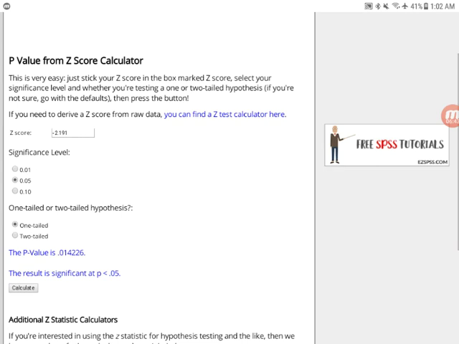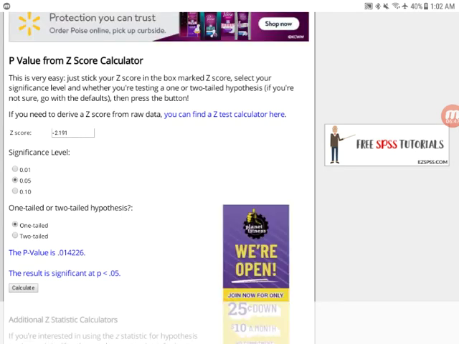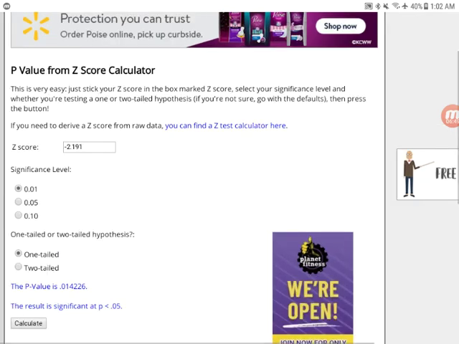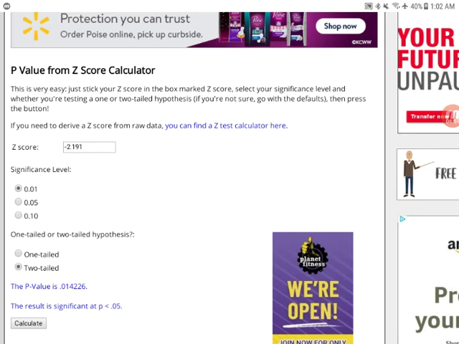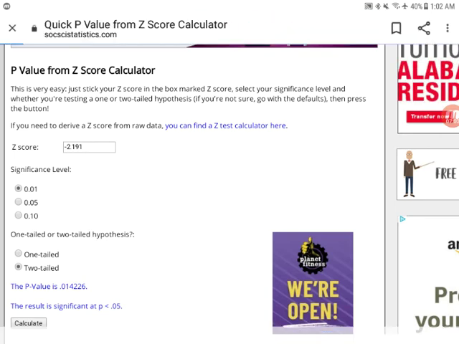We have a significance level of 1%, which in decimal is 0.01. And this time we know that it is two-tailed because our H1 had a mean value not equal to 8,500. So it is two-tailed. And I want to calculate.